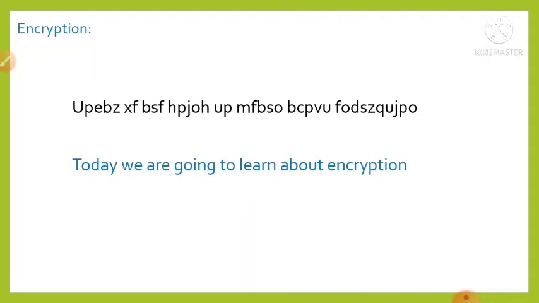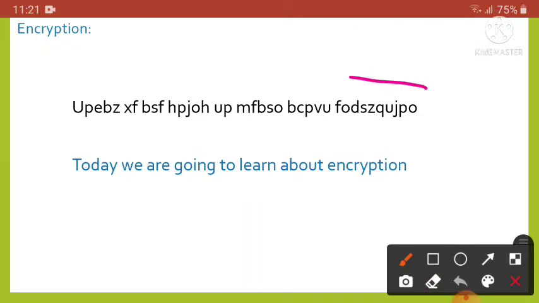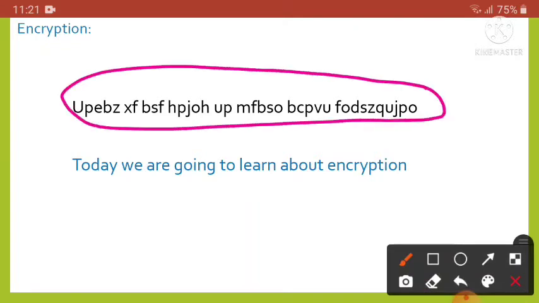For this we are taking a simple example. You can see this written here. Can you understand what it says? No, the text is not in a foreign language, it is in English, but we are not getting any idea about this sentence.